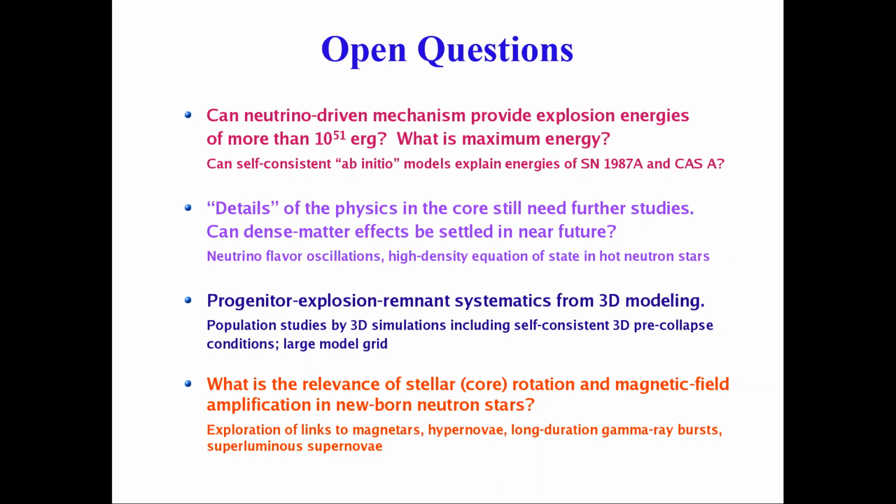Unfortunately, Yudai Suwa exploded those models with his very approximative neutrino transport. So he gets neutron star masses which are certainly underestimated. He claims in that paper he can get neutron star masses as low as 1.17 solar masses. I question this. This is a consequence of the approximative treatment of neutrinos which he has in these simulations.